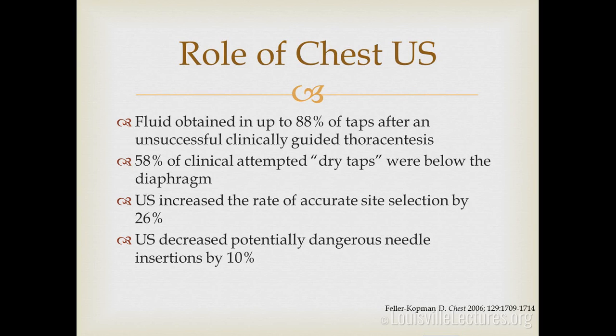But what's even scarier is that about 60% of the so-called dry taps, where you did whatever you do, and then you said, oh, this is a good spot, let's go in, and then you went in and there was nothing, 60% of those, you were below the diaphragm. That's scary, isn't it? There's some important structures below the diaphragm. And ultrasound increased the site selection by 26%, and potentially dangerous needle insertions were decreased by 10%.